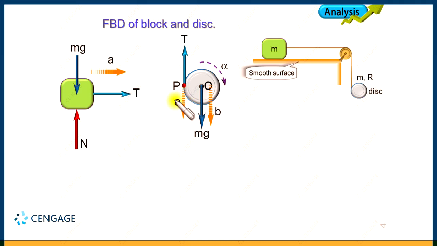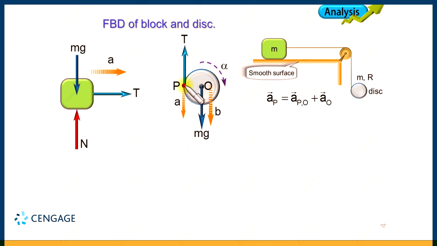Now we can write the vector equation of the acceleration of point P. We know point P is a part of the disc, and the disc has combined rotation and translation. That means we can write the acceleration of point P as the acceleration of P with respect to O, that is the center of the disc, plus the acceleration of O. This is the vector equation. Here we can observe the rotation sense of this disc is clockwise.